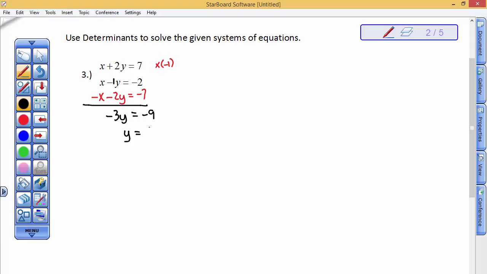If you don't mind, quickly, with y being equal to 3, then x plus 6 equals 7, so x has got to equal 1. Well, Cramer said that to solve for x, if you would take, let me write this down as a determinant.